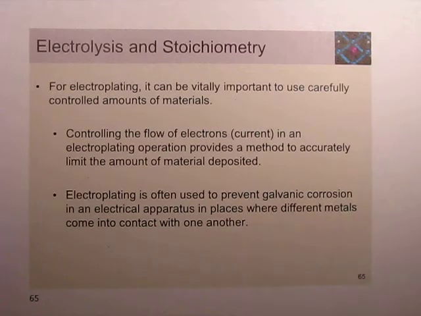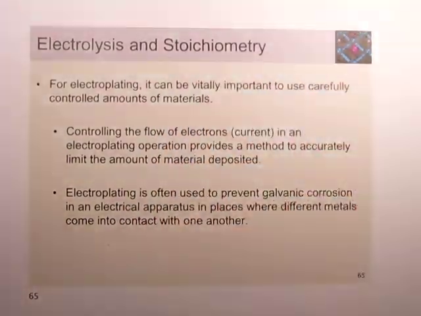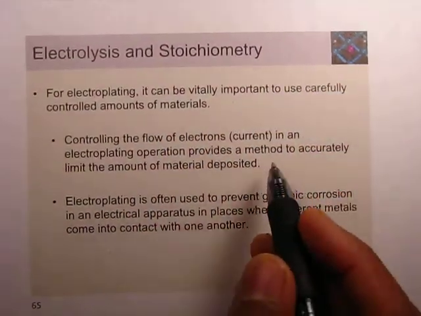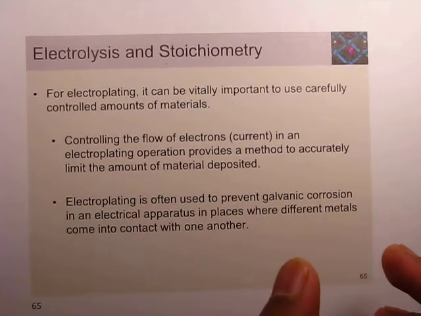So when we use electrolysis and electroplating to coat one metal onto another metal, we have to consider its stoichiometry, and we have to control the amount of current so that we can deposit a certain amount of one metal onto another one.